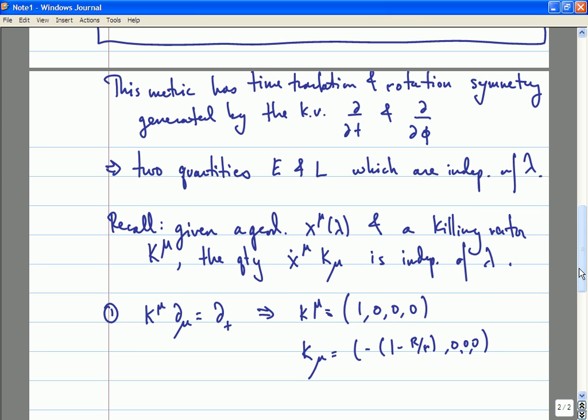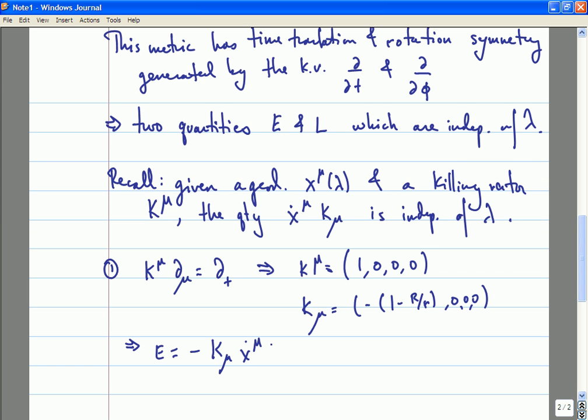So the conserved energy is going to be the contraction of k_mu with x^mu dot. For the sake of conventions, and to compare with our Newtonian notion of energy, I'm going to put a minus sign right there. Of course, if k_mu x dot^mu is independent of lambda, so is minus k_mu x dot^mu. That minus sign is just a convention I introduce for convenience. Then we can plug this in.